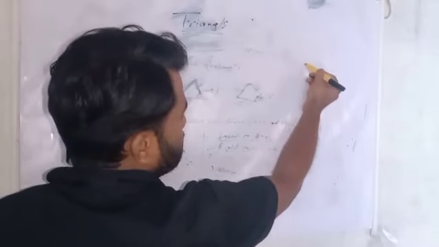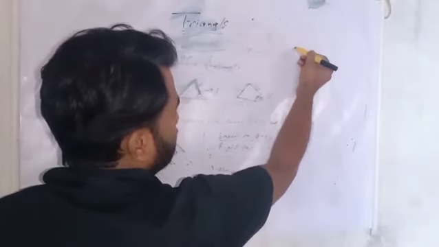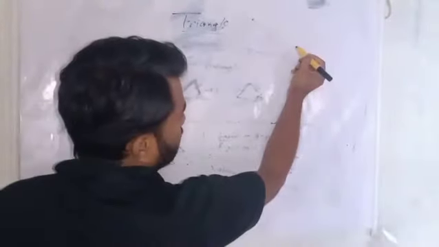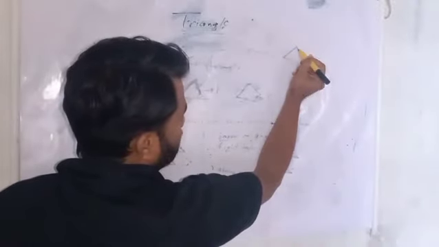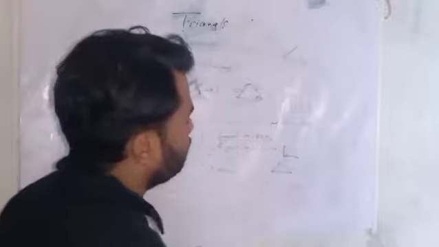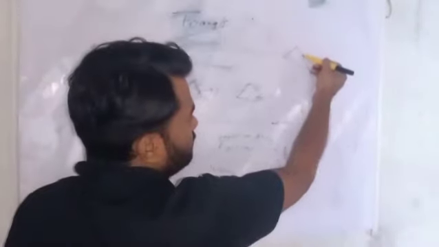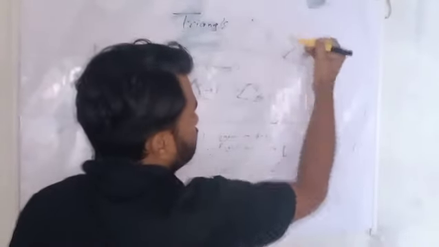Perimeter means the distance of all sides of the triangle. If you understand perimeter for any figure, then you can think about the length of all its sides.